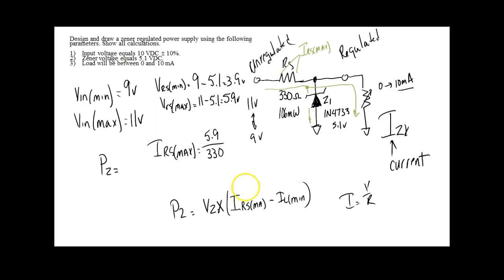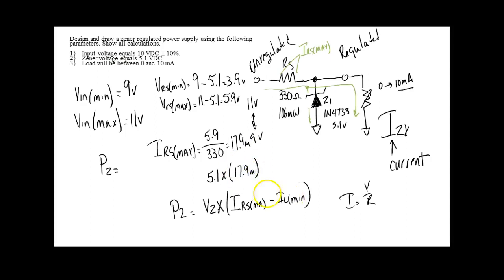So let's just put the values in here. What's VZ? 5.1, times RS minimum, which is this right here, 17.9 milli, times 17.9 milli.